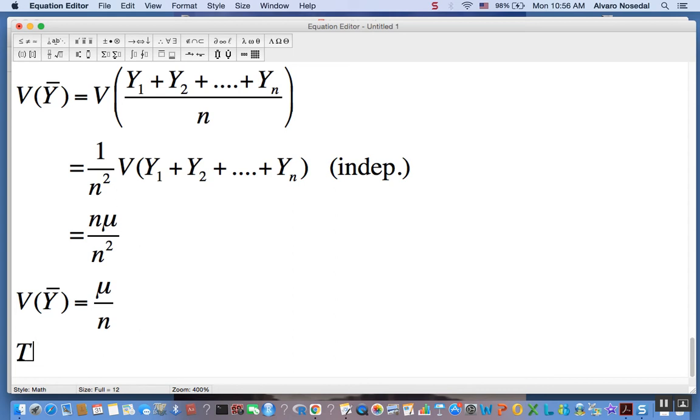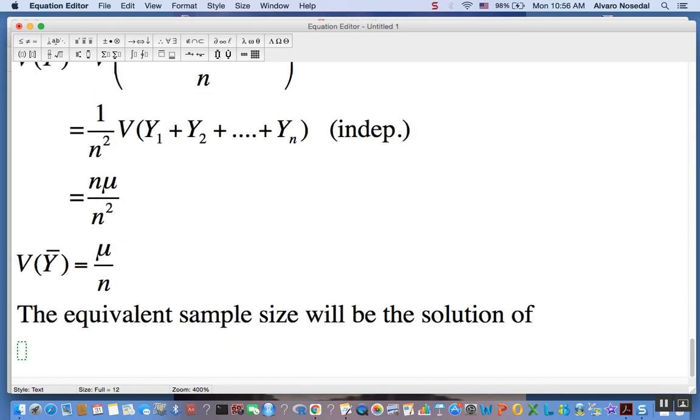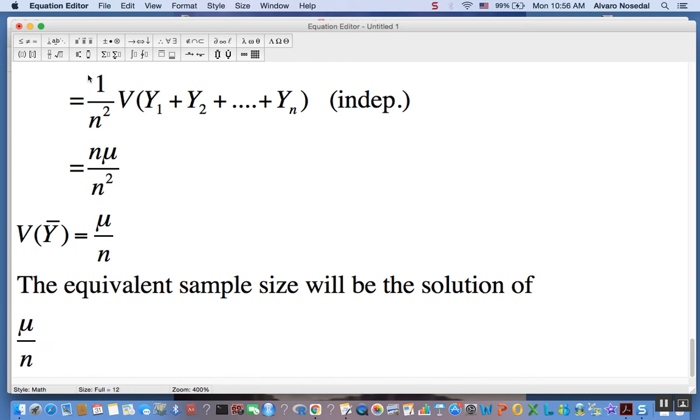So the equivalent sample size will be the solution of this. And let me emphasize that this n is the equivalent sample size, okay?